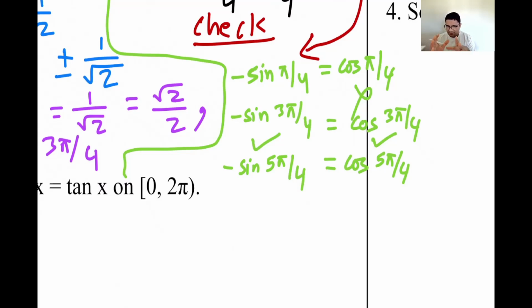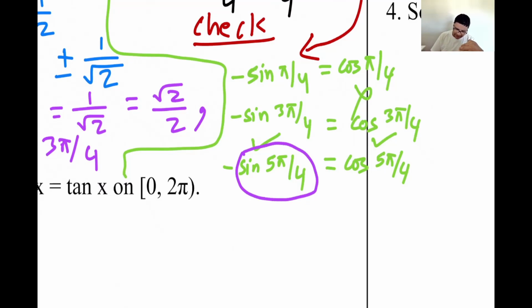Because we have limited space here, I'm not writing it, I'm spelling it out. Listen and make sure you understand. Sine 5 pi over 4. 5 pi over 4 is in what quadrant? All of them are 1 over root 2s. It's only a question of plus 1 over root 2 or minus 1 over root 2. 5 pi over 4 is in quadrant 3.